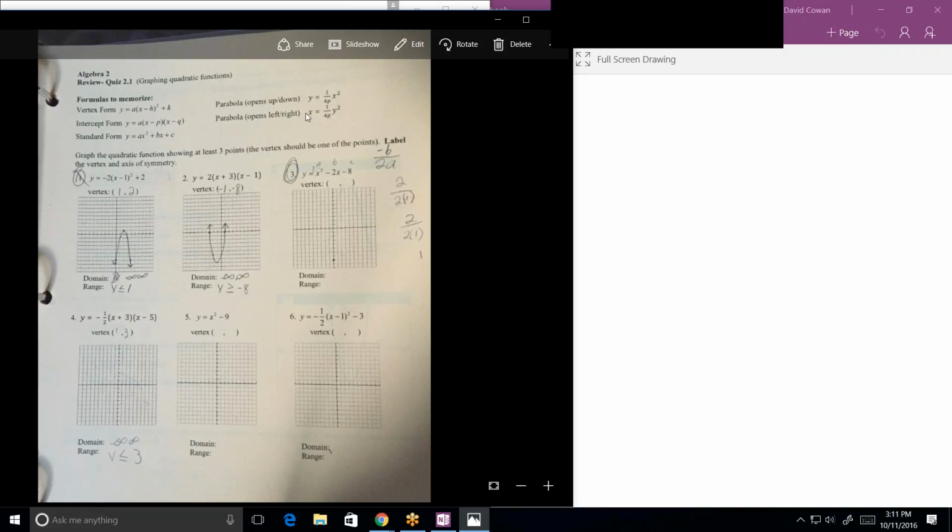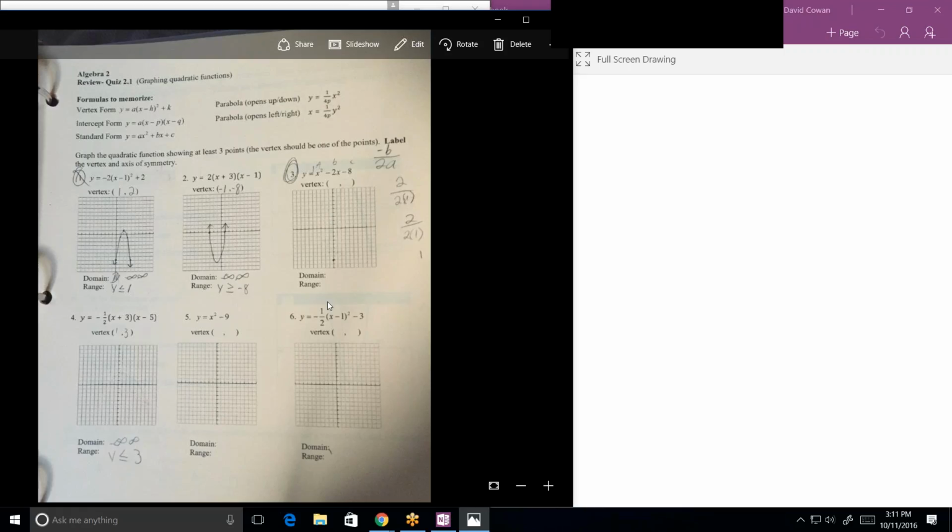Formulas to memorize. Well, notice that the general formula, they're still using the old one, the Vertex Formula. And then they tell you that A is basically 1 over 4p. In other words, the only difference between this format and this format, if you're at the origin for your vertex, is instead of A, they've replaced it with 1 over 4p.